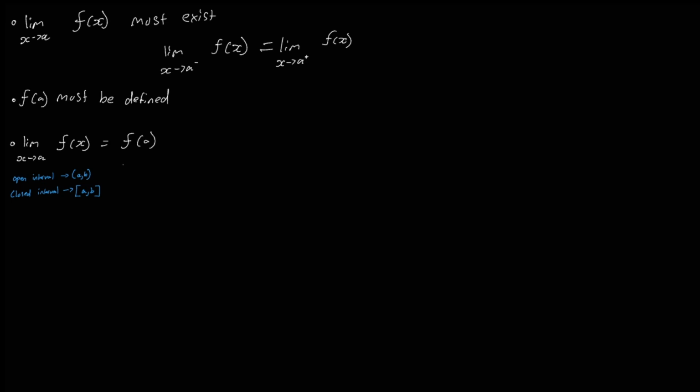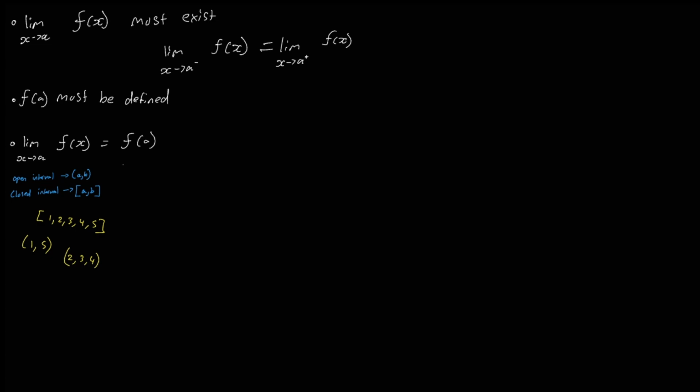So if we had let's say a group of numbers 1, 2, 3, 4, 5, and we say it's continuous at the open interval 1 and 5, that means that it's continuous at 2, 3, and 4.